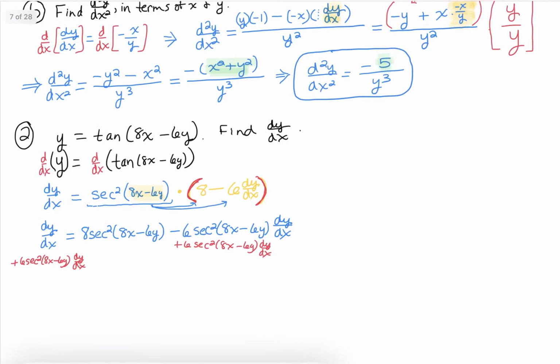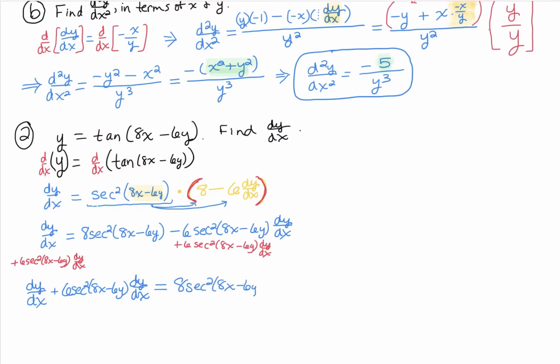All right, so by doing that, of course, I now have my two terms with the dy dx over here on the left-hand side. I have the dy dx term, like a 1 dy dx, and I now have my 6 secant squared 8x minus 6y dy dx term also over on the left-hand side.